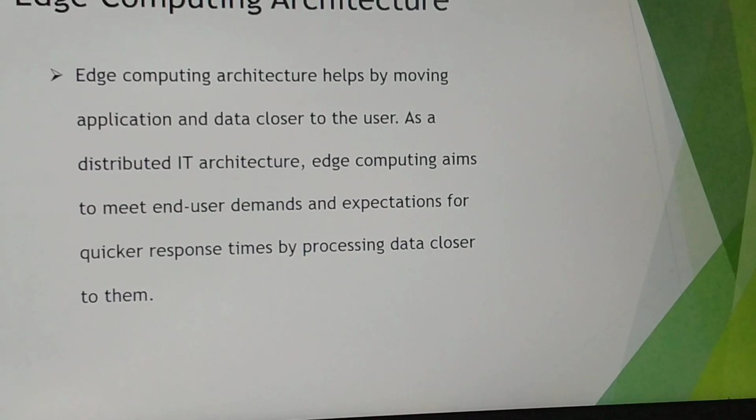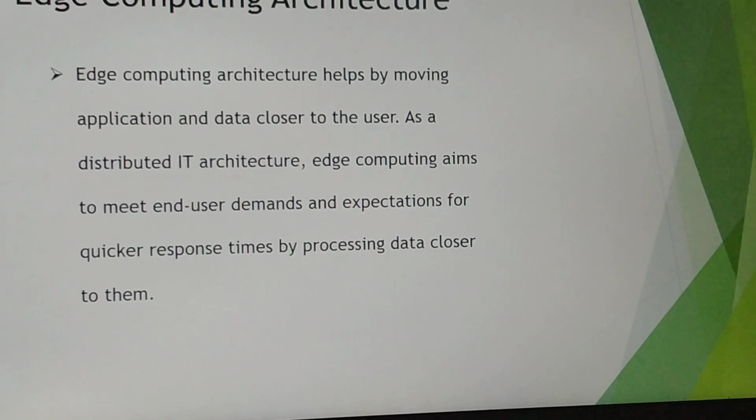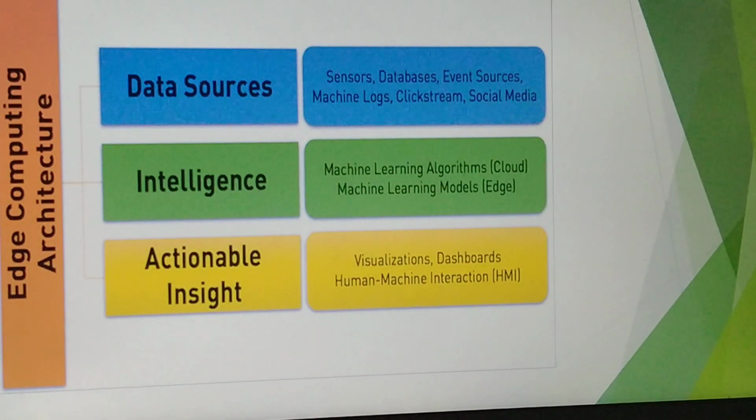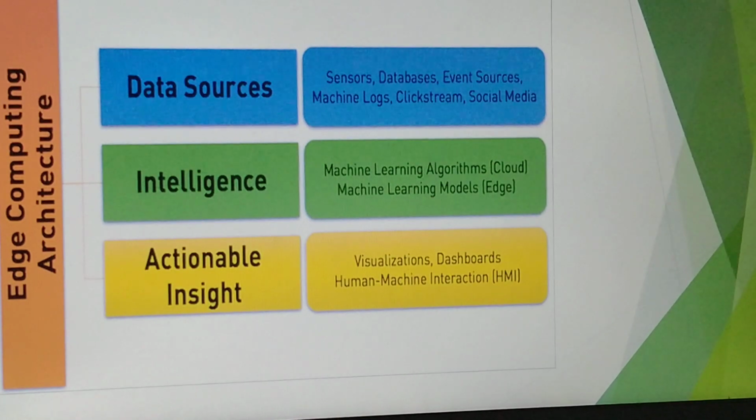We use edge computing to improve reliability and response time, because the data is close to the user. It works as middleware between the cloud and the customer. Here is a diagram of the edge computing architecture.